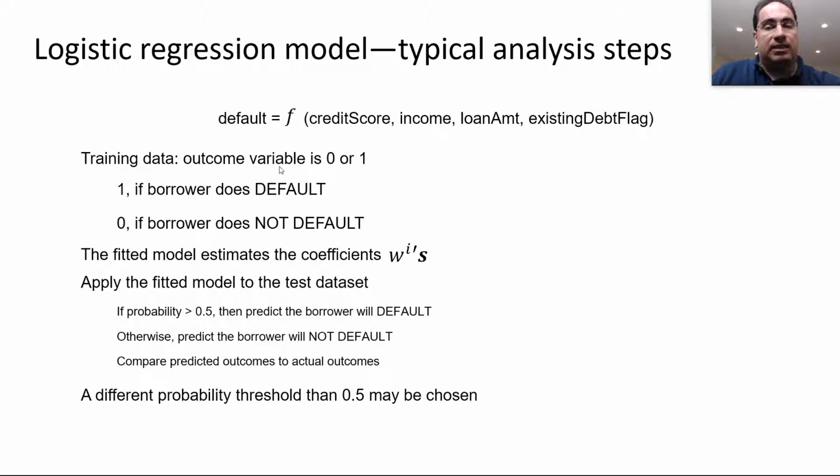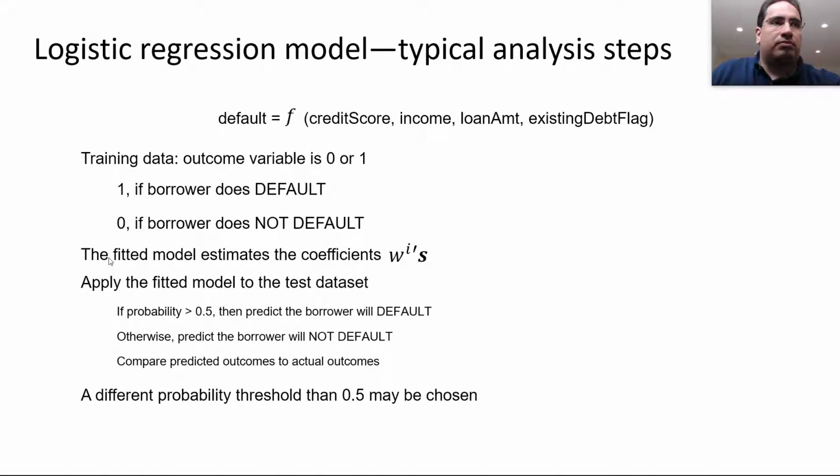It's a supervised method, so you have to give the outcome variable, whether it is 0 or 1. The output is 1 if the borrower will default, and 0 if the borrower will not default, or any other case. Usually the output of 1 is the positive case and 0 is the negative case.